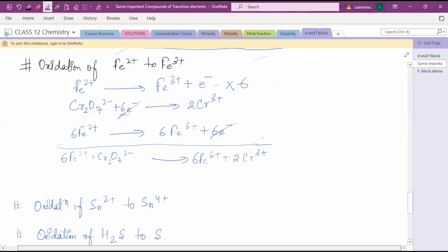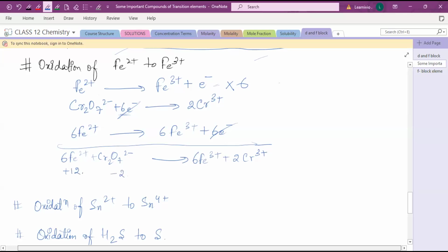The next step is to check the charges. What will be the total charge here? Fe has a charge of 2+, and the stoichiometric coefficient here is 6, so 6 times 2 is plus 12. Here the overall charge is minus 2.